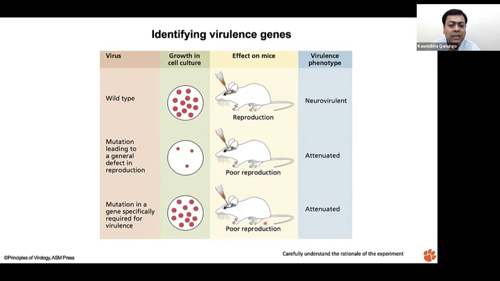So this is the virulence gene, not this one, because this one just causes less reproduction of the virus, and of course it will be attenuated. A gene which is not compromising viral replication, but still has an attenuating effect or reduction of the neurovirulence, that will be the neurovirulence gene. And this is the reason it's very difficult to identify these. So understand that very carefully.